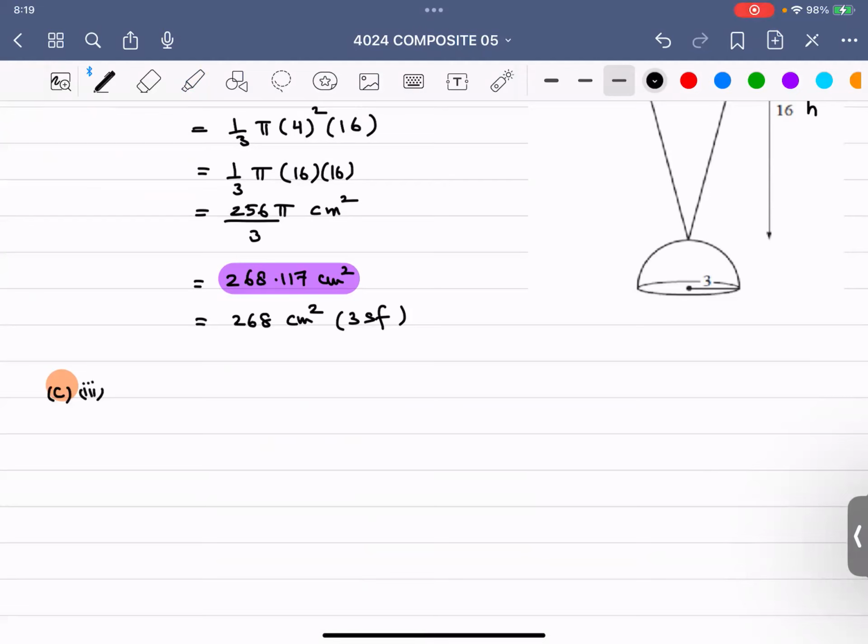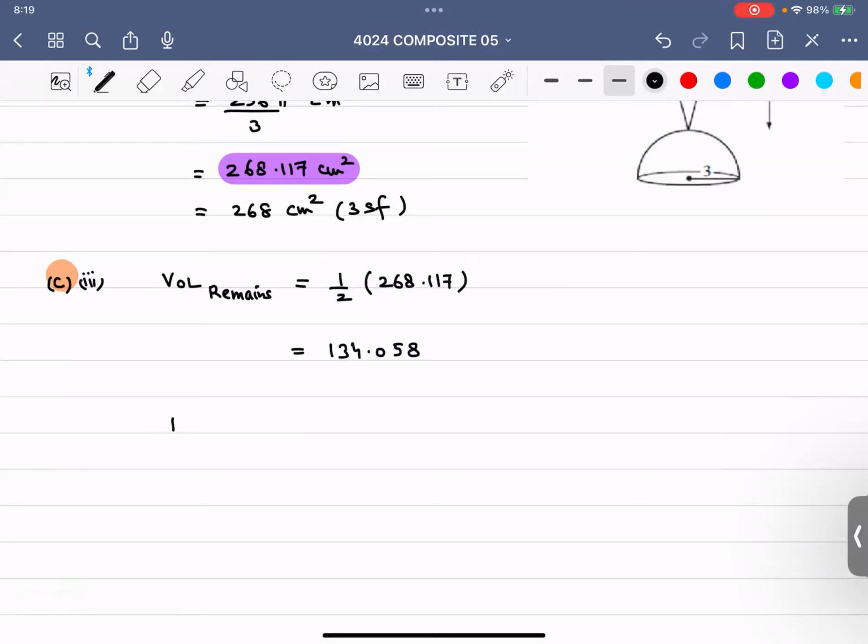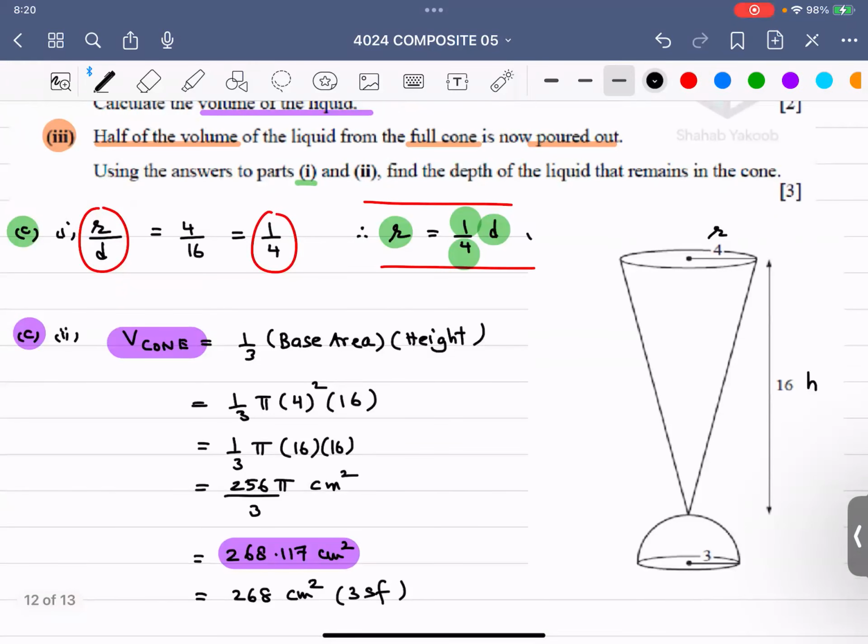First of all, volume remaining is half the volume of the initial one. That's half of 268.117. So multiplying it with 0.5, this is 134.058. Now, volume is 1/3, and then pi, and then r square, and then h. That is 134.058. But we know that the relation between radius and depth is 1/4.